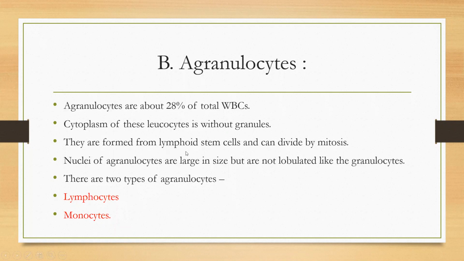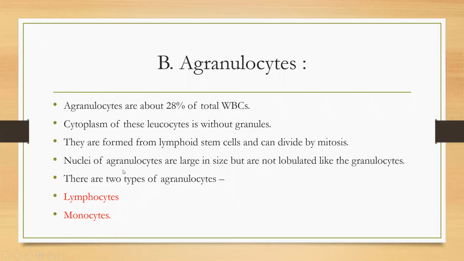They are formed from lymphoid stem cells, and they can divide by mitosis. Granulocytes were formed from myeloid stem cells and couldn't divide, but these cells have the capacity to divide by mitosis.